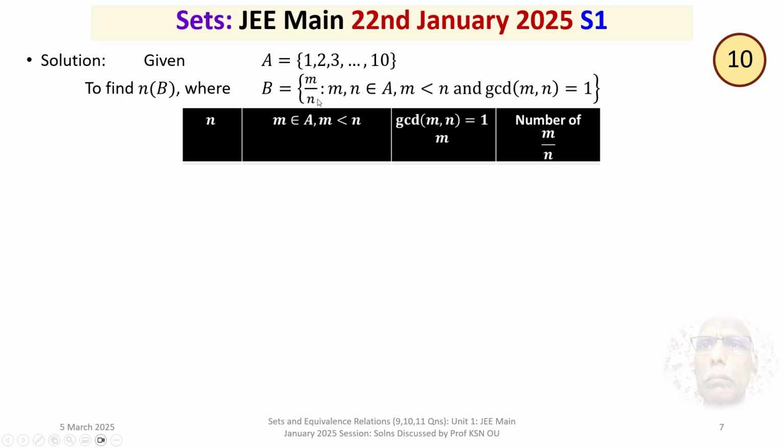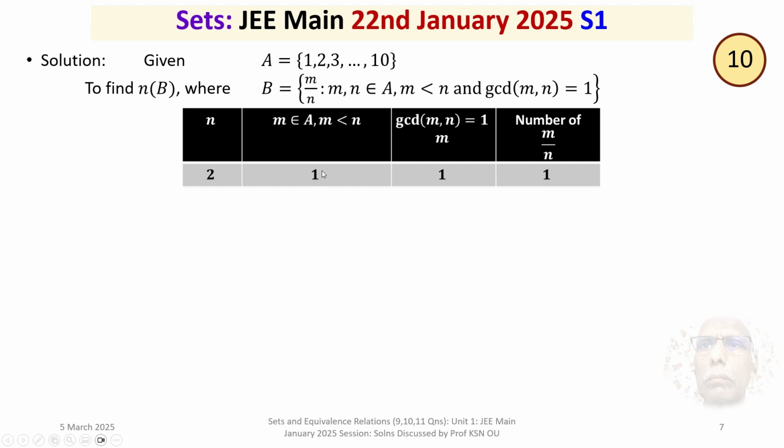So, if you take n equal to 1, what are all those elements of A less than 1? No elements. Therefore, n equal to 1 is not considered. So now n is equal to 2. What are all those elements less than 2 in A? Only 1.